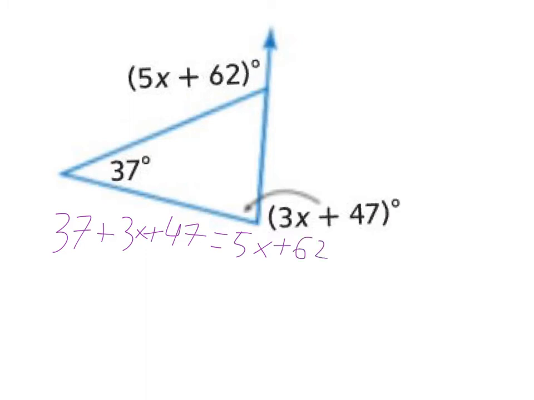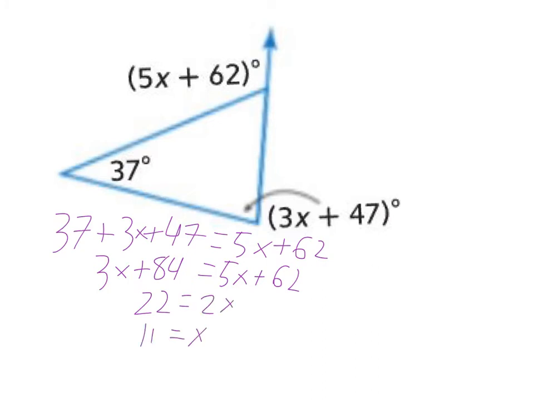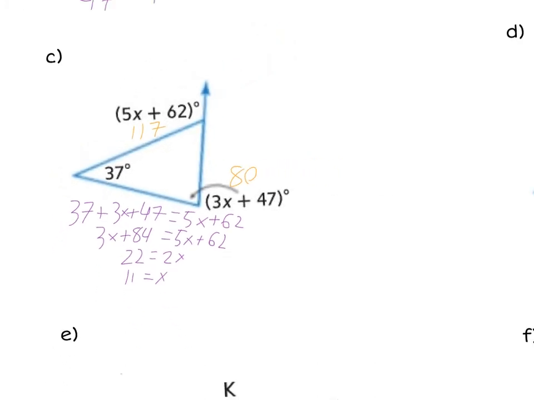We combine our like terms. 3x plus 84 is equal to 5x plus 62. Simplify down, moving terms over, we'll end up with 22 is equal to 2x, or 11 equals x. We'll then take that 11, plug it back in to our x values, which will give us, for the other interior angle, measurement of 80, and the exterior angle 117, one of my favorite numbers.